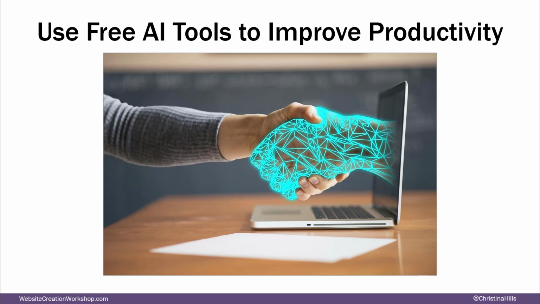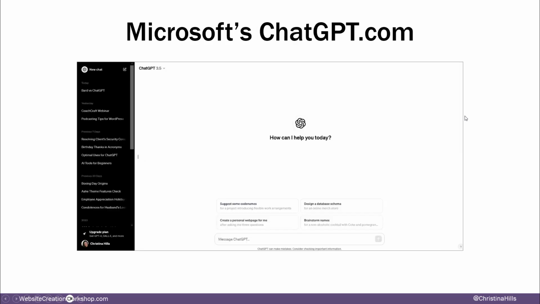And that's partially because I have a team and a lot of my team are doing things and using AI, but I do use it a little bit. So what I want to say about AI is there's Microsoft's ChatGPT. It's free. They also have a paid version. I'm using the free version, and I'll stay with the free version until I get to the point where I feel like I need the paid version.